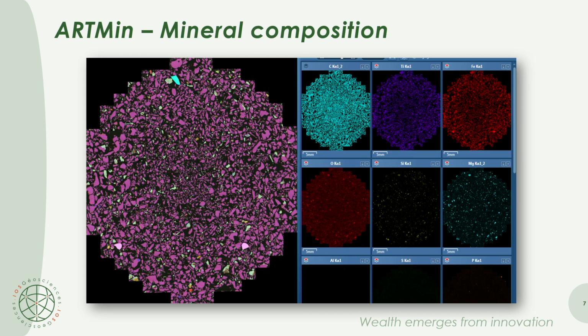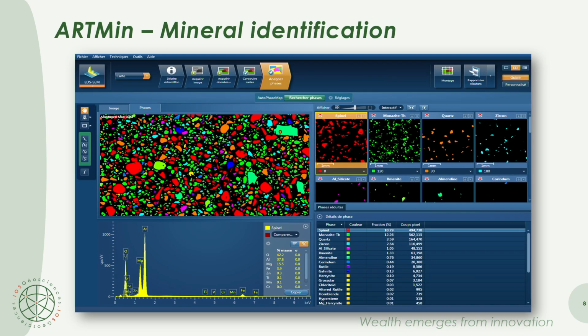Anyway, you get a map for each element for each pixel, and then you put that in the software, and based on the chemistry, it will tell you which mineral it is using AI software that we developed in-house. So not the other way around, not telling you, oh yeah, that's ilmenite, and it should be this chemistry. We have the chemistry, and it tells you, well, it's ilmenite, but there's a little bit of manganese in it. That's why it's really interesting, because you get more detail in what you have.